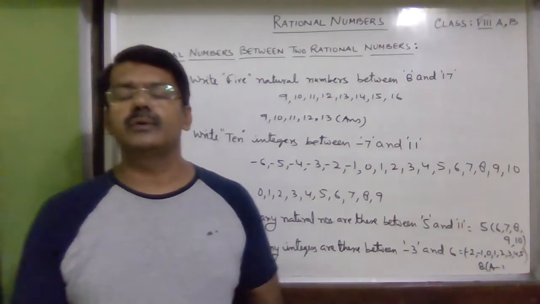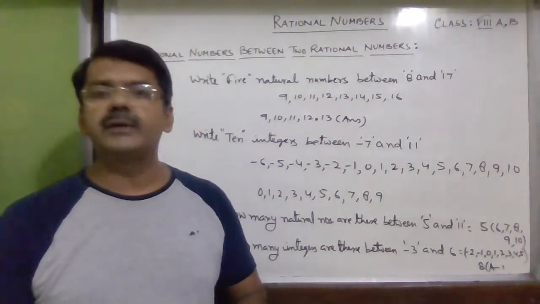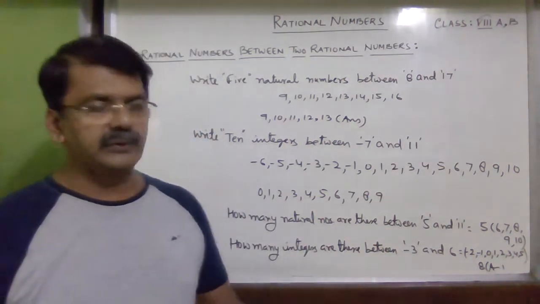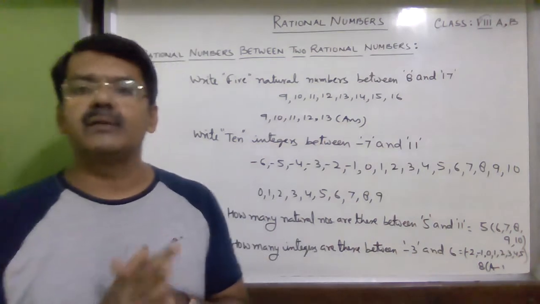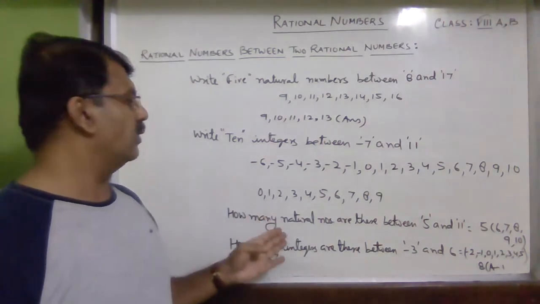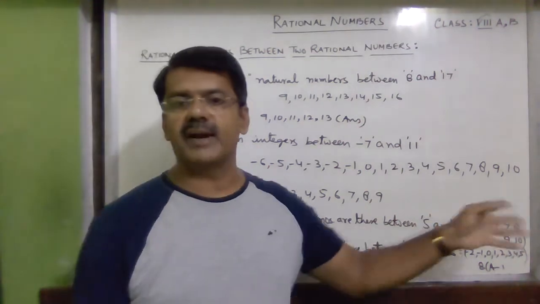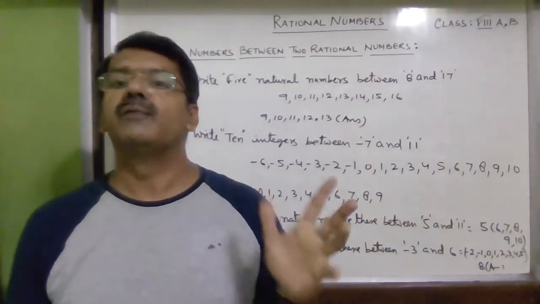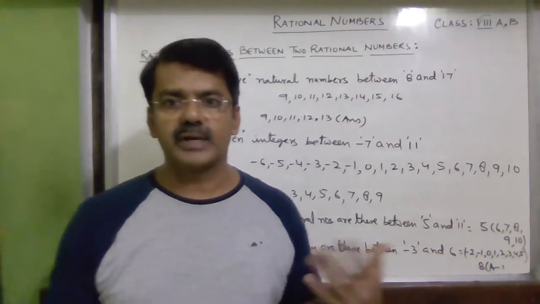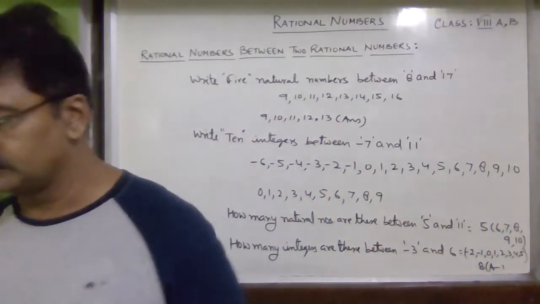Now you know that between 1 and 2 there can be infinite rational numbers. Between 2 and 3 there can be infinite rational numbers. So if someone asks how many rational numbers are there between 5 and 11, there cannot be a fixed answer, because the answer is infinite. So I am going to explain it more.